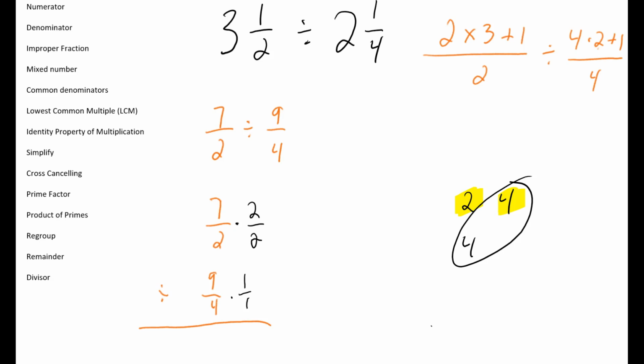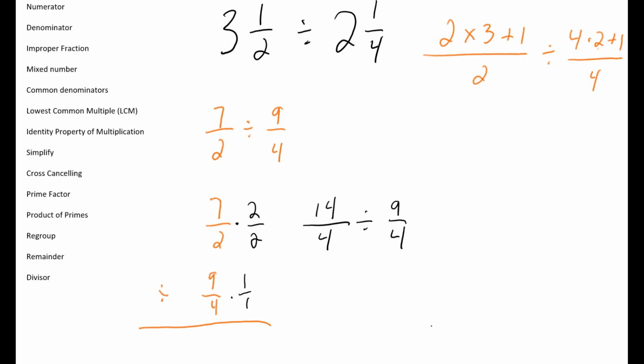So I'm going to have 14. Multiply my numerators, multiply my denominators, and I'm going to put it side by side, 9/4. All right. Now, I've done that. I have common denominators. So if I have common denominators, they're both 4s, just like in regular division with whole numbers. For example, if I have 14 divided by 9, that would actually be 14 over 1 divided by 9 over 1.